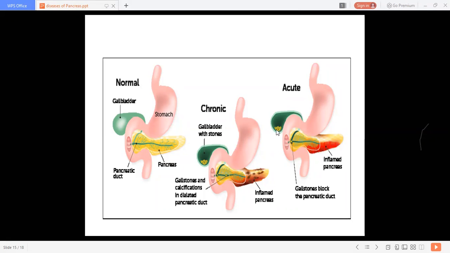You can see the gallstones in the gallbladder. So gallstones block the pancreatic duct and there is inflammation. In chronic pancreatitis, again there is a gallbladder with gallstones, and calcifications in a dilated pancreatic duct, with an inflamed pancreas. It is chronic pancreatitis, which we are going to discuss shortly.